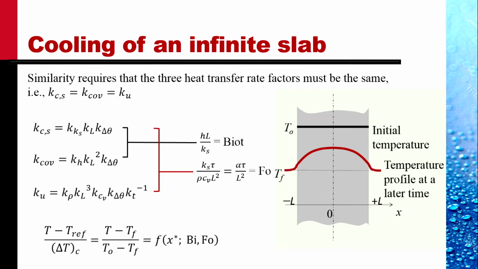So, the normalized dependent parameter, which here would be T divided by T ref, the reference temperature, divided by the characteristic temperature difference. The reference temperature is conveniently taken as the fluid temperature.